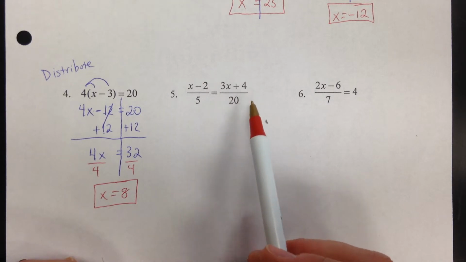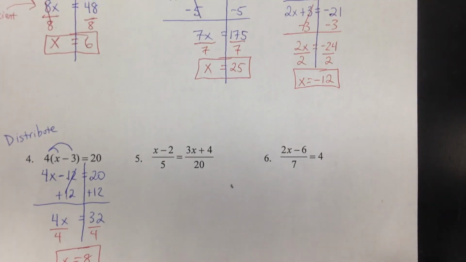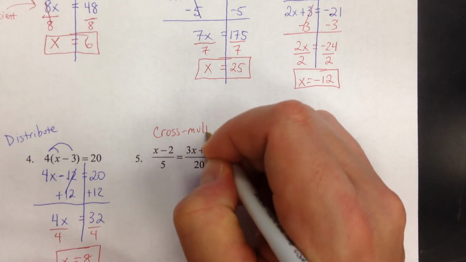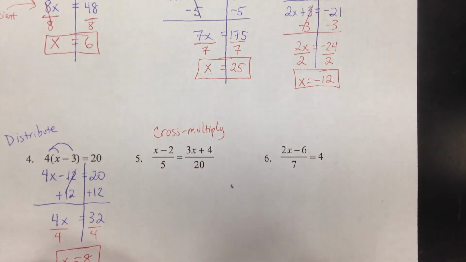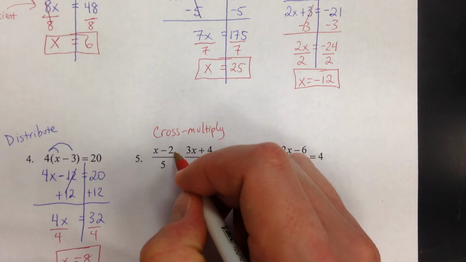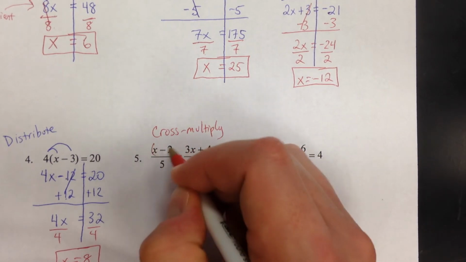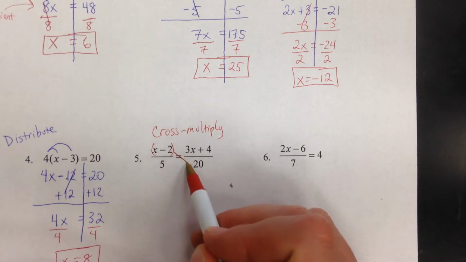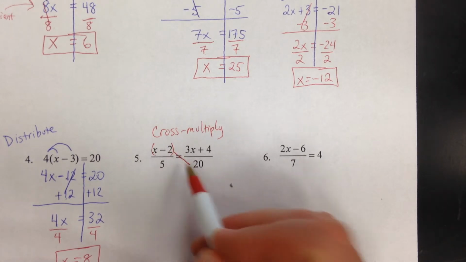This is what we call a proportion, and the way you solve a proportion is we cross multiply. What that means is that we're going to multiply along what look like diagonals. The x minus 2, this whole thing, is going to multiply 20. So I go across like this. Now I'm going to write it.